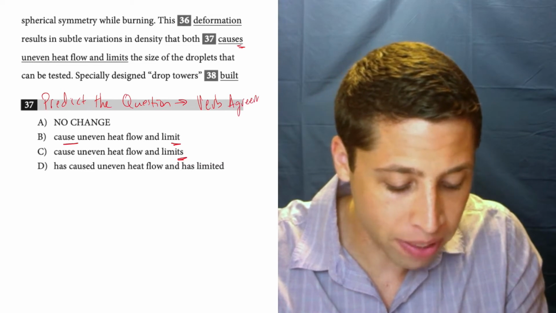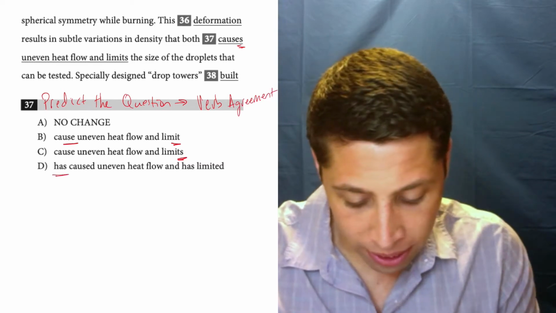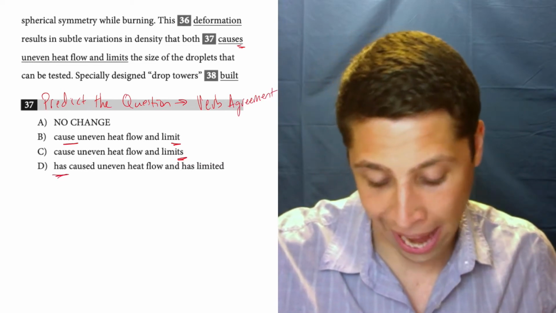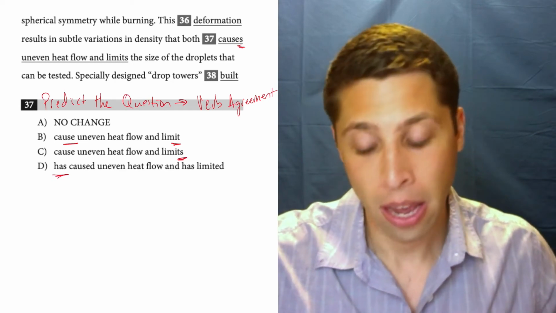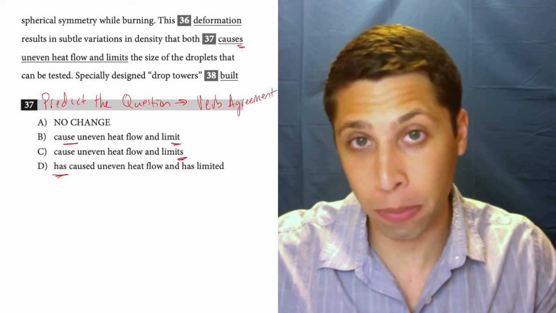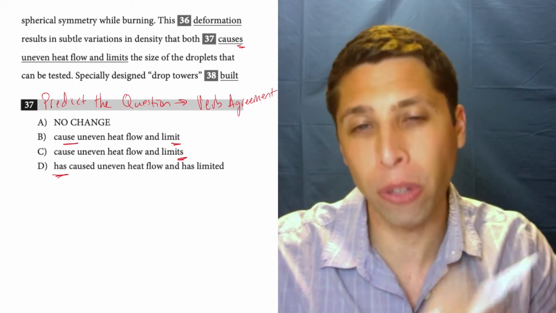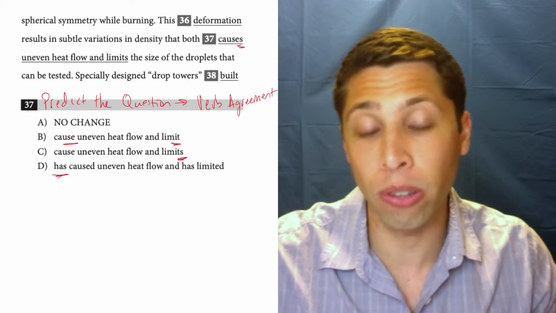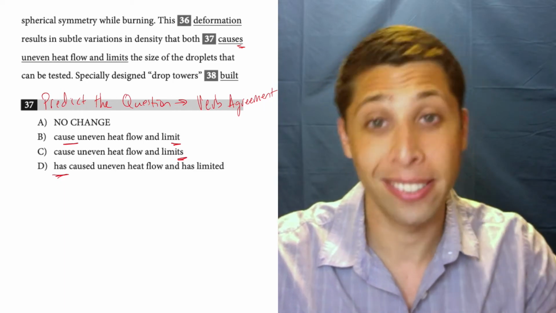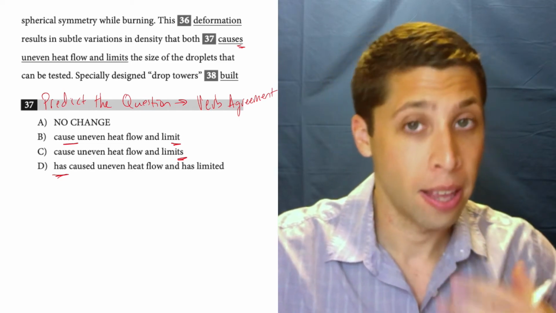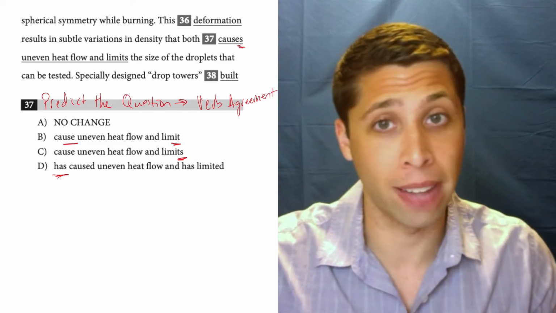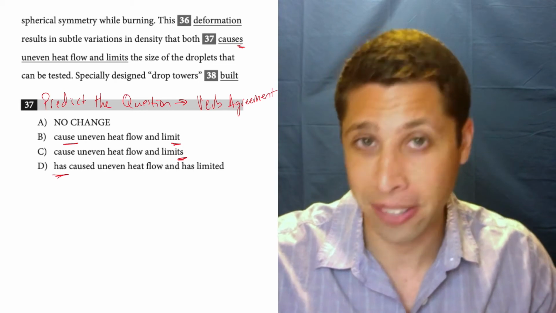Not really about tense. I know that tense might matter at some point because of the word has there, right? That's a different tense. But when we have verbs changing in the choices, the first thing we want to think about usually is agreement, singulars and plurals. If that doesn't help, we can always go back to tense, but most of the time it does help.